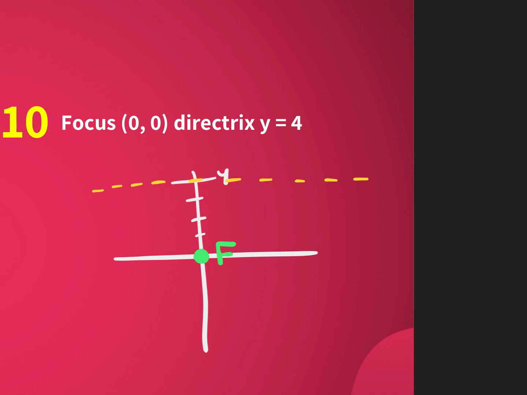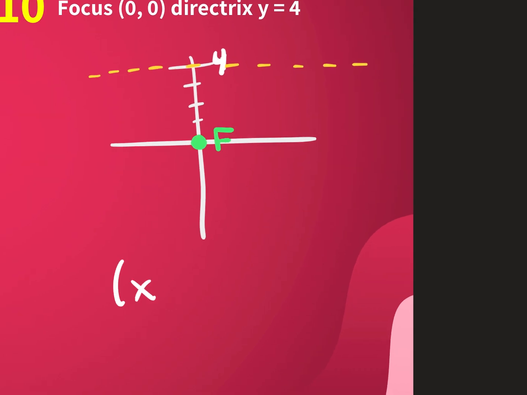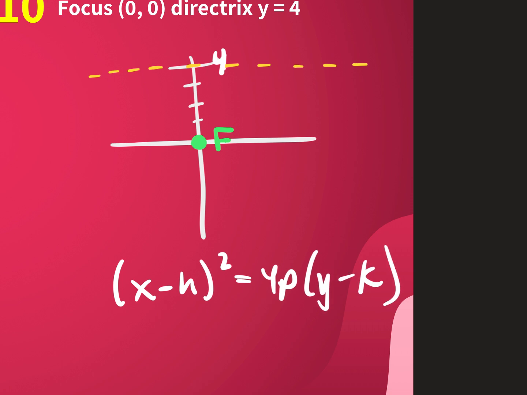Which way, just by plotting these two things, which way do I know my parabola is opening? Why is it down? Towards the focus and away from where? The directrix. Good. So I know that I'm going to use this equation. X minus what? H squared equals 4p y minus k. Okay, great.